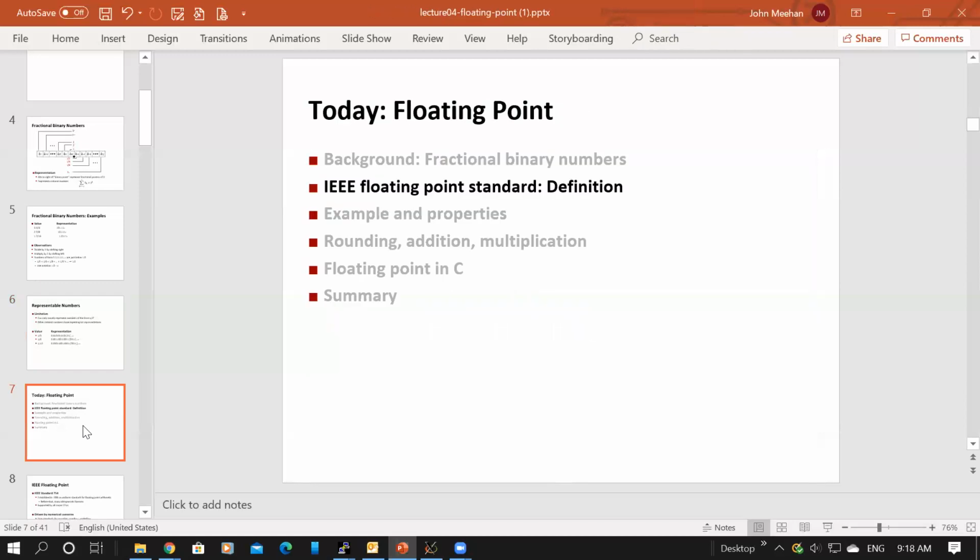So, how do we actually store floating point binary numbers in the computer? Well, historically, back in the old mainframe and minicomputer era, manufacturers of computers just sort of invented their own standard for how to store the floating point numbers.